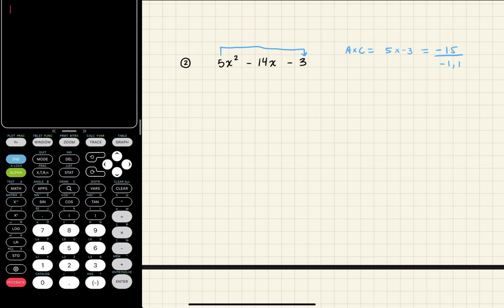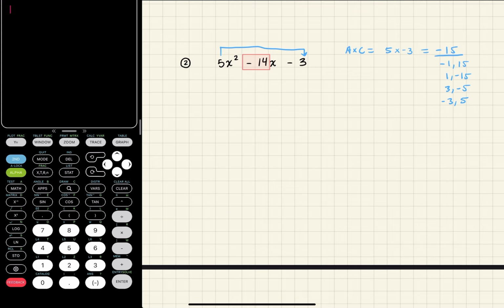Negative 1 times 15, 1 times negative 15. We could do 3 times negative 5, or negative 3 times positive 5. Those will all give us negative 15. The catch is that we need two numbers that add up to negative 14.